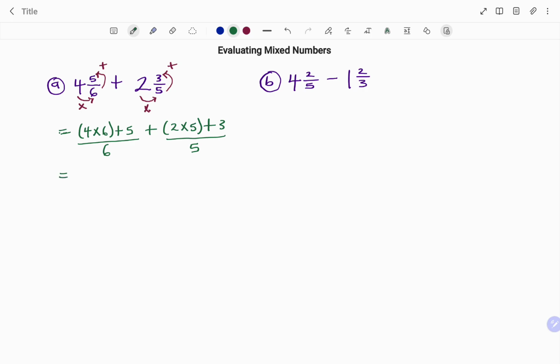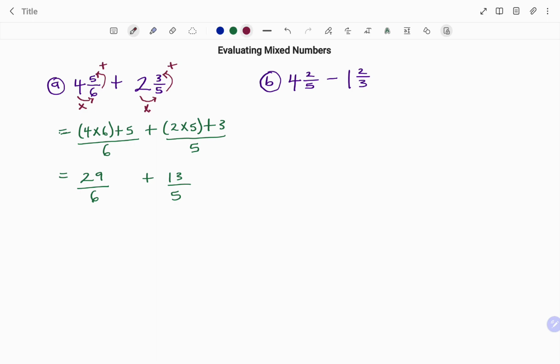Applying BODMAS, 4 times 6, 24, 24 plus 5, that will be 29 over 6, plus 2 times 5, that's 10, 10 plus 3, 13 over 5.